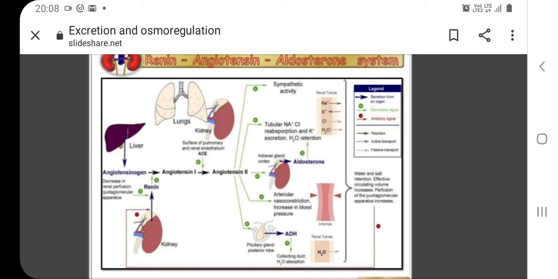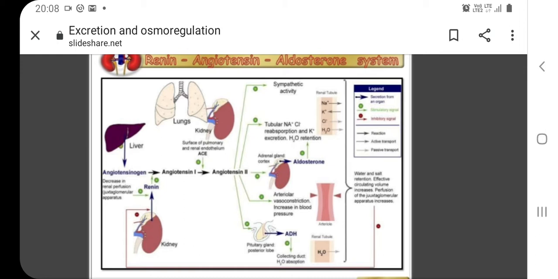This hormone helps the body to conserve water when the body fluid volume, especially that of blood, is low. It acts by inserting aquaporins in the collecting duct and promotes the resorption of water.